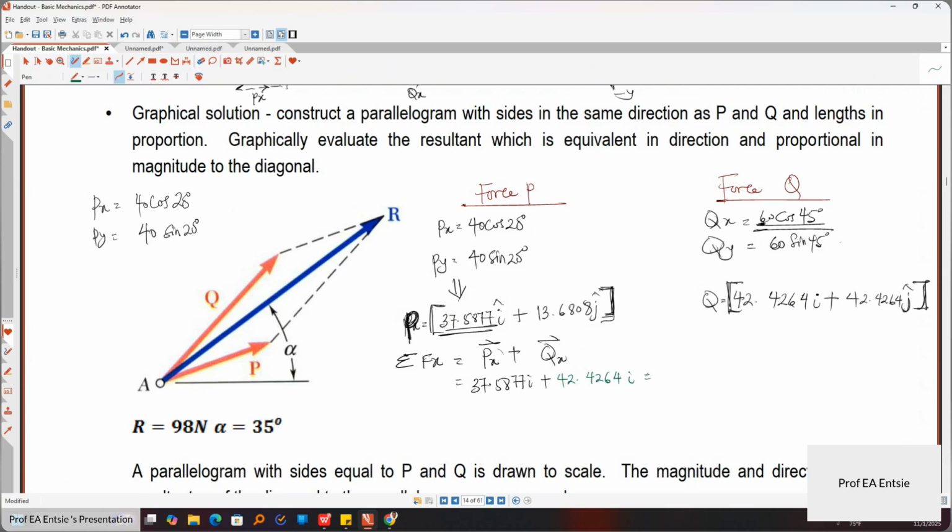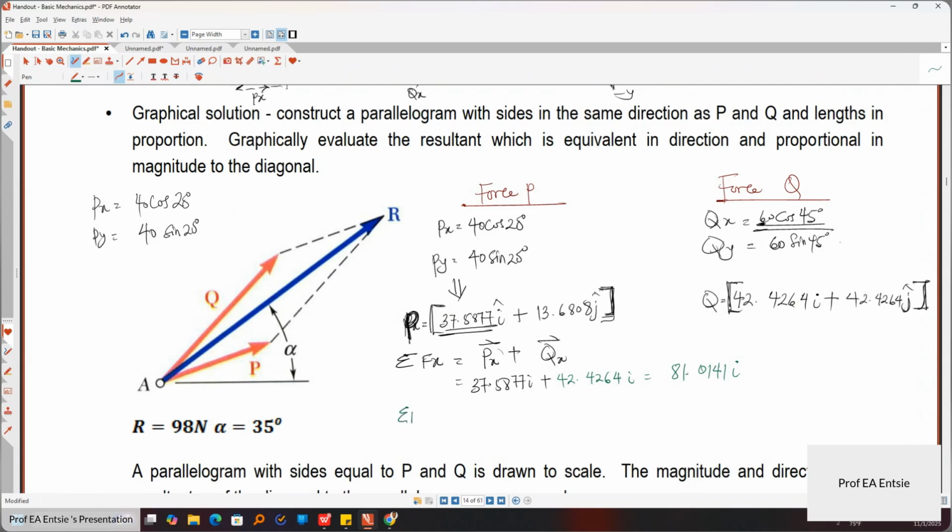If you do this well, 42.4264 plus 37.5877, you get 81.0141. That is the x component. So you bring your I.